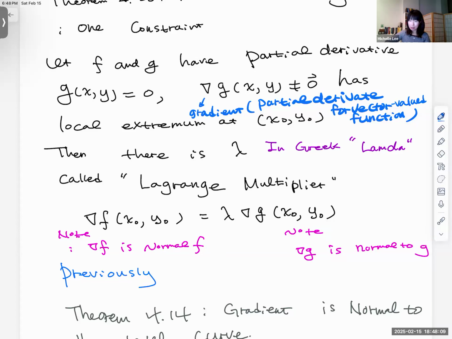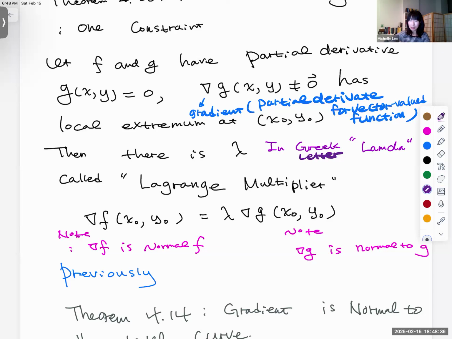Then there is lambda, the Greek letter. So that is called the Lagrange multiplier, because we multiply with that lambda.